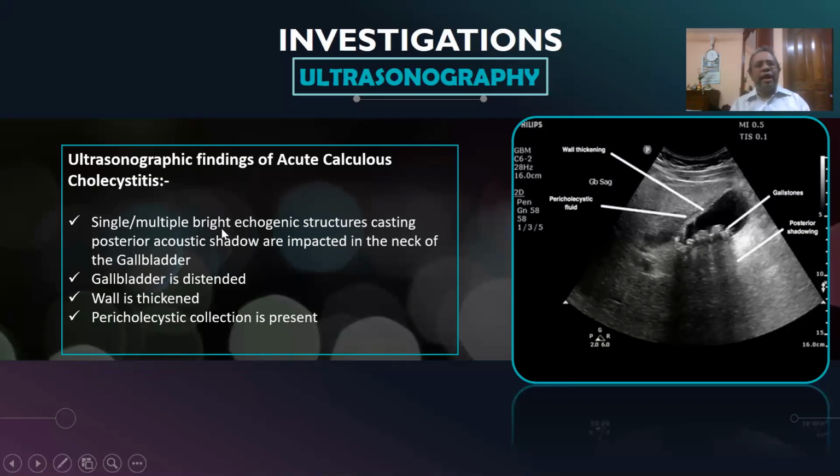Single or multiple bright echogenic structures casting posterior acoustic shadows are impacted in the neck region of the gallbladder. Not only the neck, but the body and neck also. So these are the descriptions, because sometimes in sonography reports they only cut and paste the previous report.